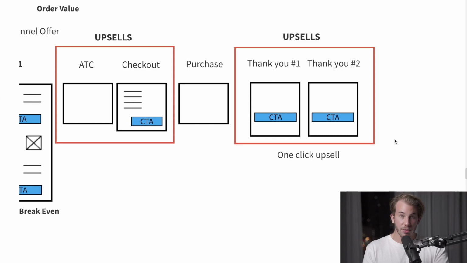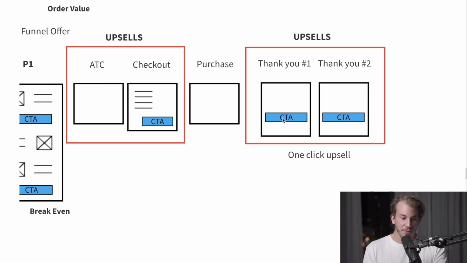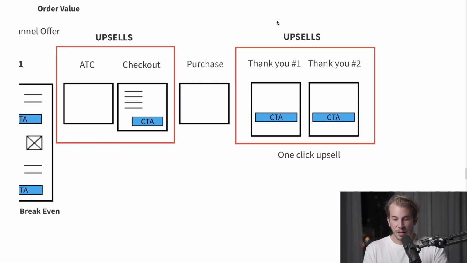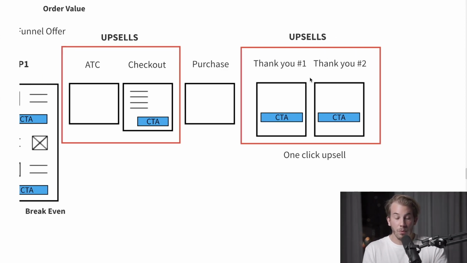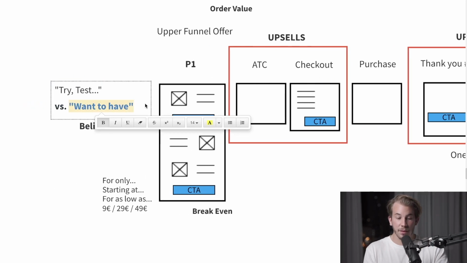Marketers put this here though, because of the first order positive and most profit on the first order is just the way these businesses and everyone basically thinks. So they put it here. And this can work really well if you have a strong want-to-have mentality in these buyers.